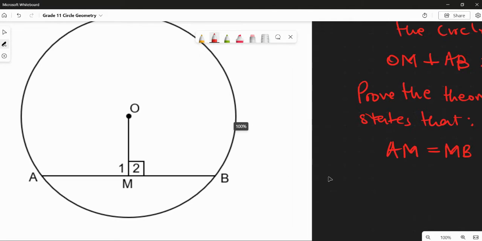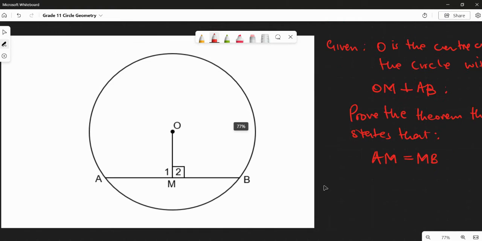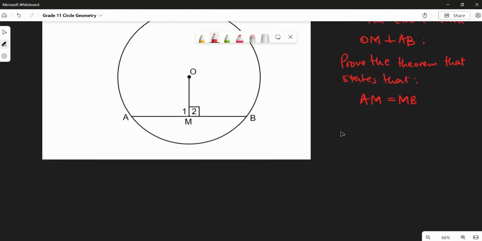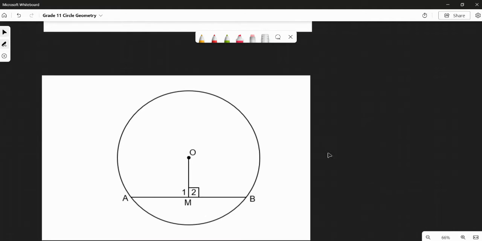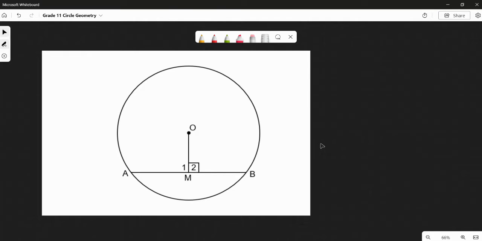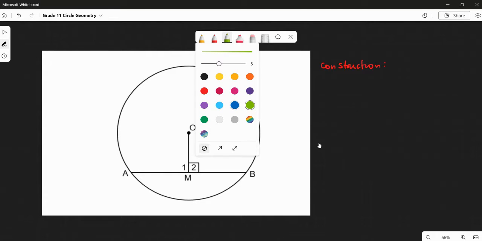For every proof that we need to do, we need to have a construction.